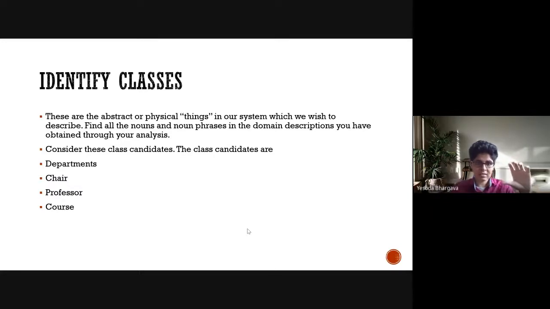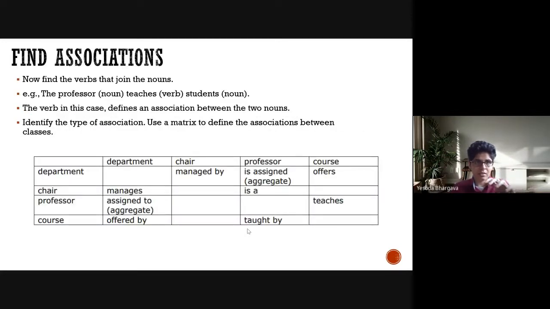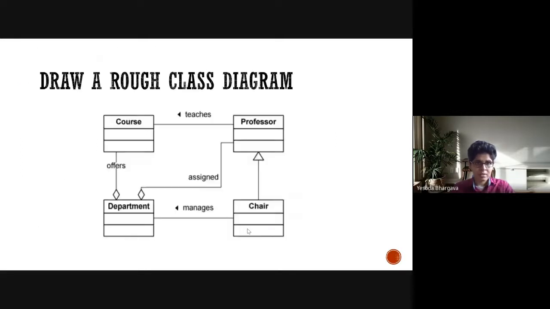We start off with these classes, then we assign the associations between different classes, then we create a rough class diagram. As we move stepwise, do not think in terms of the diagram becoming complex, but rather in terms of it becoming more informative to understand how the system is expected to behave, at least theoretically.